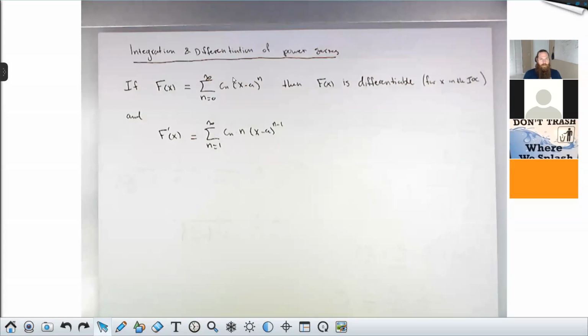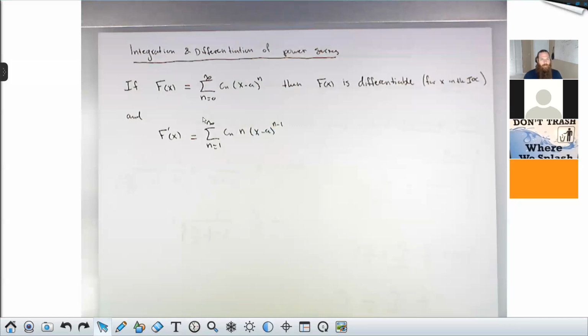So if you differentiate just this part, it will become this, right? It's a power rule and chain rule thing. The power comes down, so this n comes down, and then you have x minus a to the n minus 1. You reduce the power by 1. And technically speaking, here we're multiplying by the derivative of the inside. The derivative of x minus a is just 1.